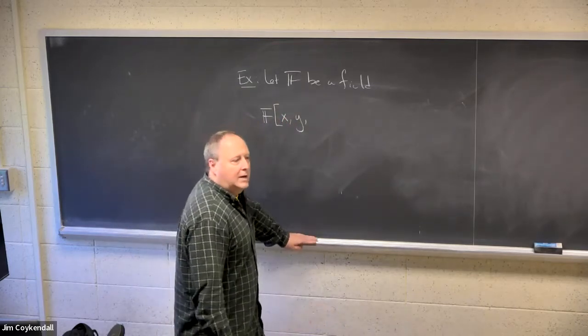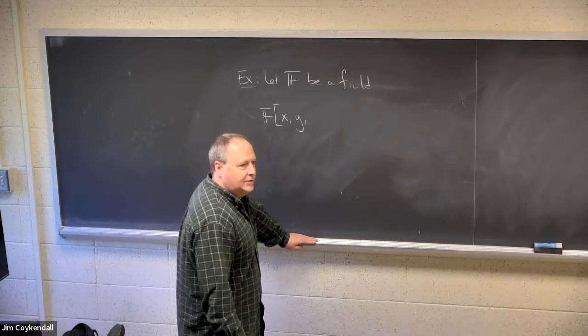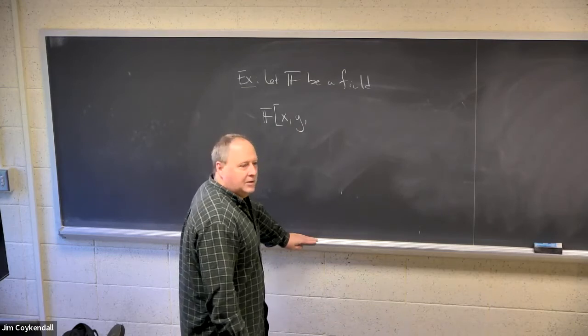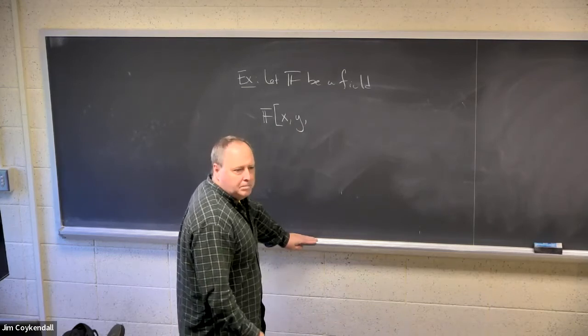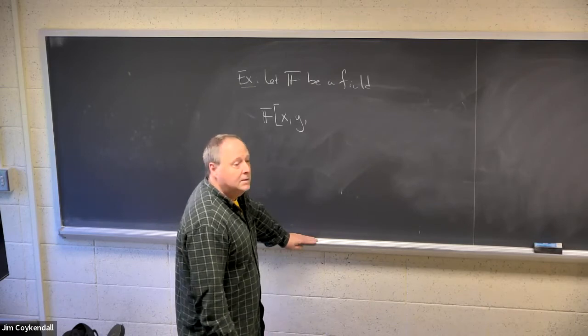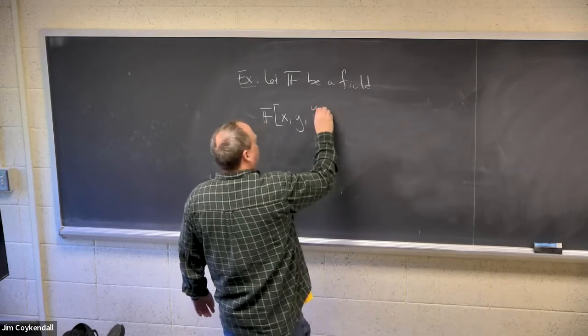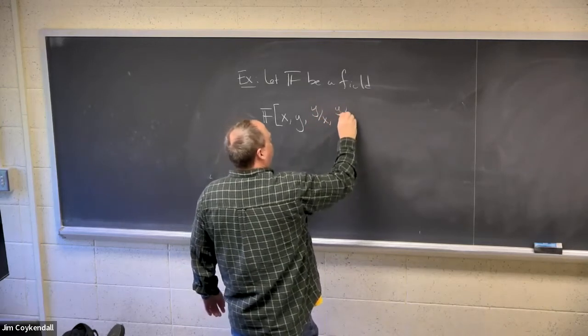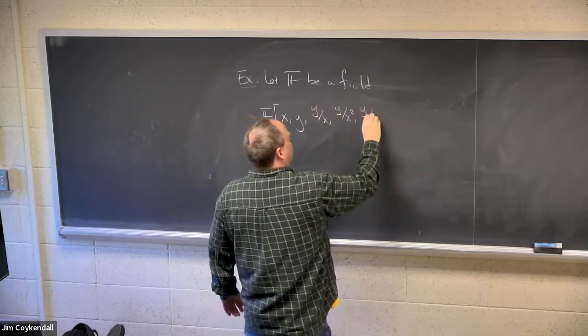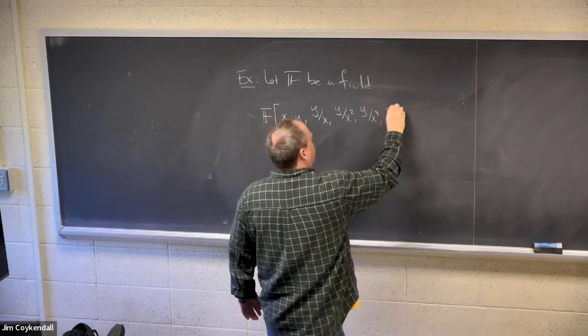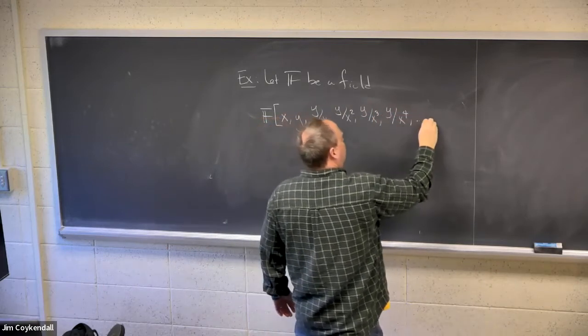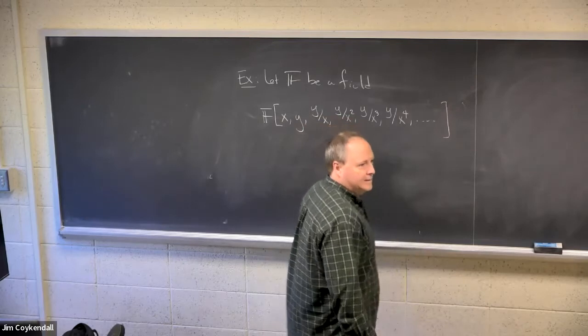I'm going to look at the following collection of rational functions. So take the field and take two polynomial indeterminates, x and y, right? But I'm going to add some more stuff to this, and I never stop.